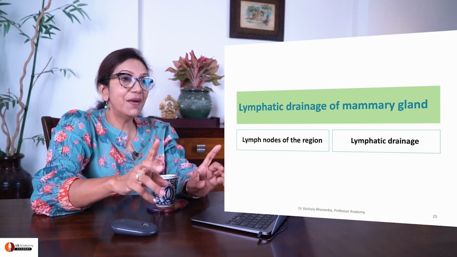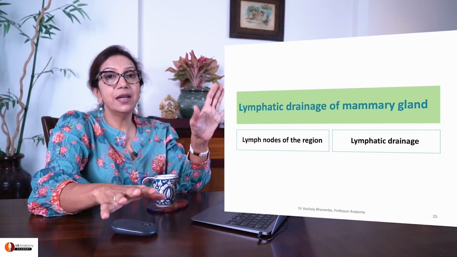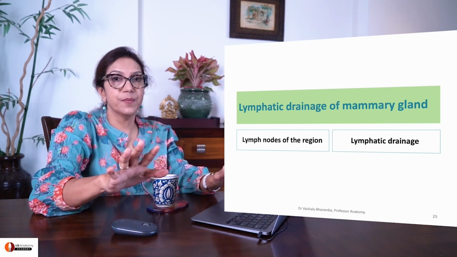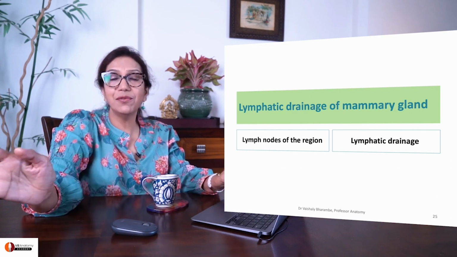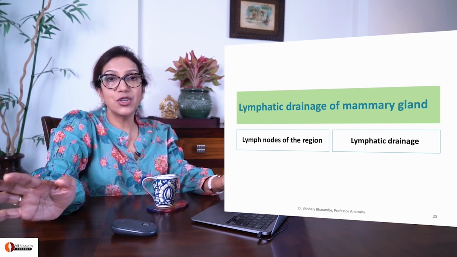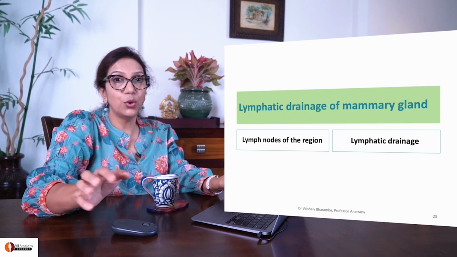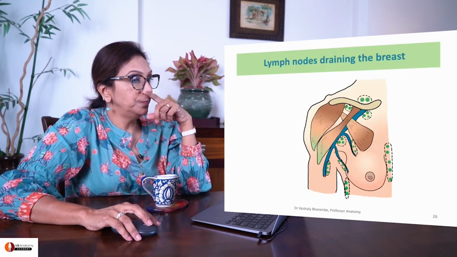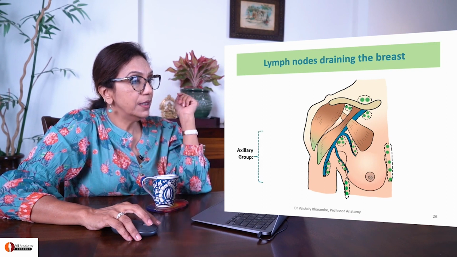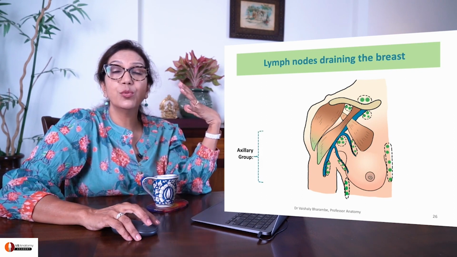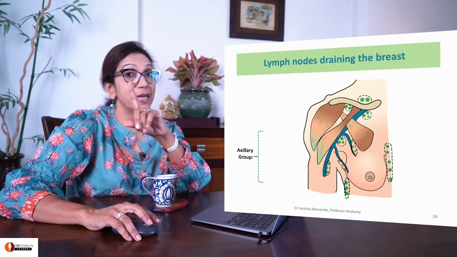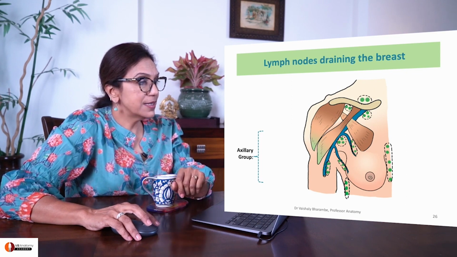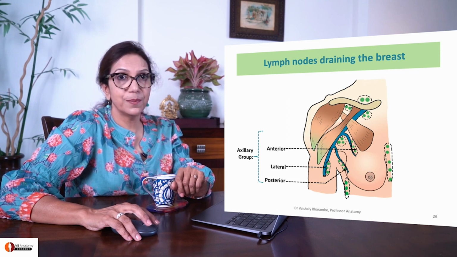Students, lymphatic drainage is to be studied under lymph nodes and drainage. Because many of you don't know the lymph nodes of the chest region and axillary region at all. So come, let's understand the lymph nodes first. Here you're seeing the axillary group of lymph nodes which you will find in the axilla. It consists of the anterior group, lateral group, posterior group.